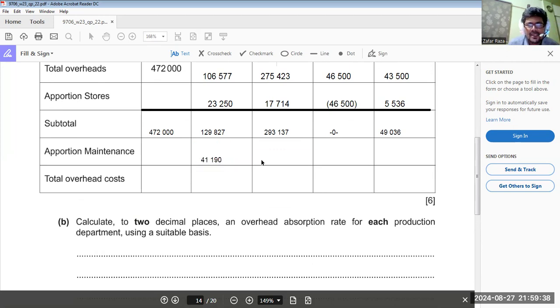Okay, so how much is left? 49,036 minus 41,190 means 7,846. Here it is. And this amount has been reapportioned.